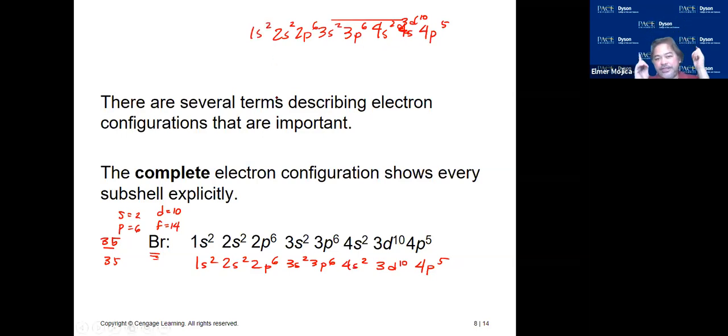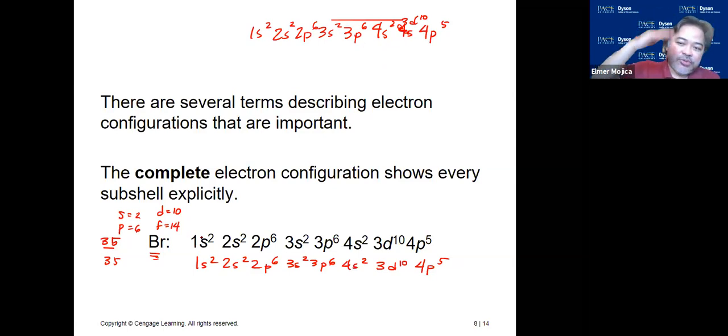So there are two ways for you to do it. But based on experience, my students find that if they have the periodic table, it's easier for them to locate it. They just find the highest orbital that can be occupied and then walk backward, compared to building it up from the bottom of the orbitals going up.